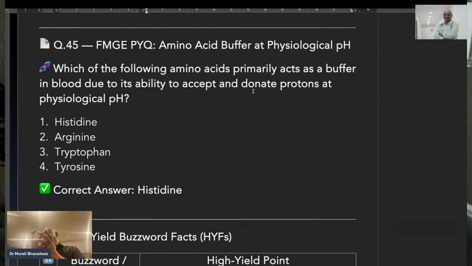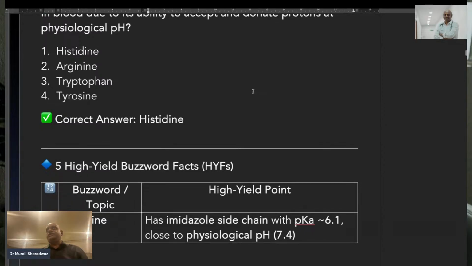Every amino acid exists as a positive and negative state, and between the two it exists in an amphoteric state, that is, equal amounts of plus and minus. So histidine's pKa value, that is the pH at which it exists as a neutral ion, is closer to the pH of the plasma. Hence, it acts like a buffer at physiological pH.